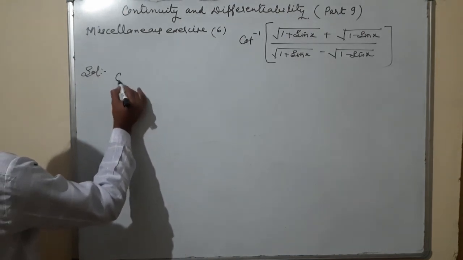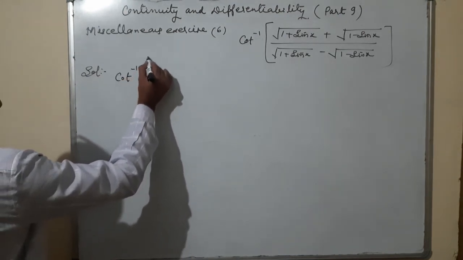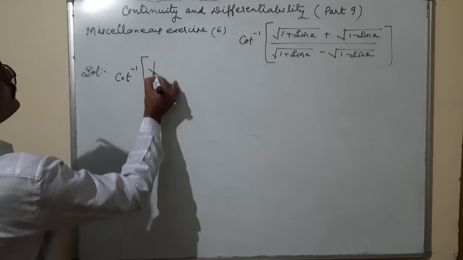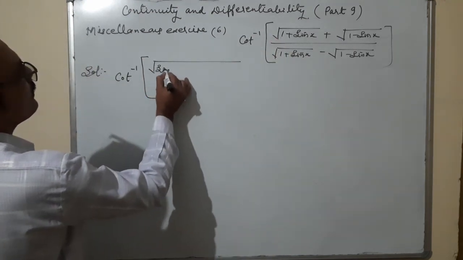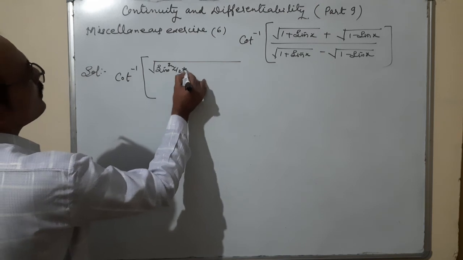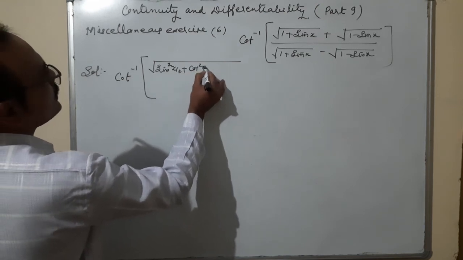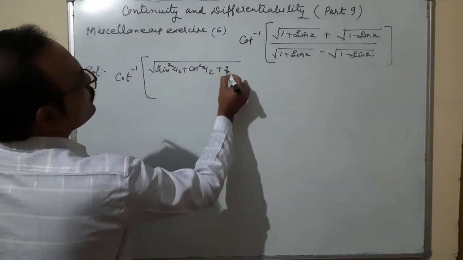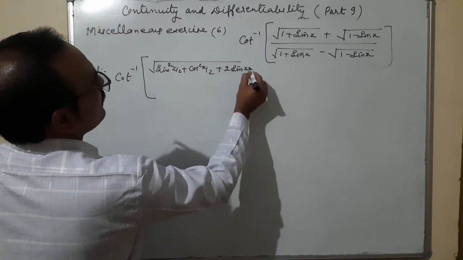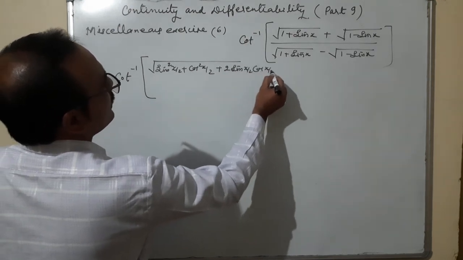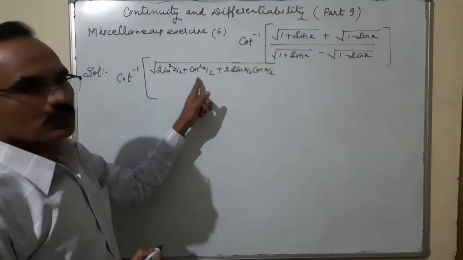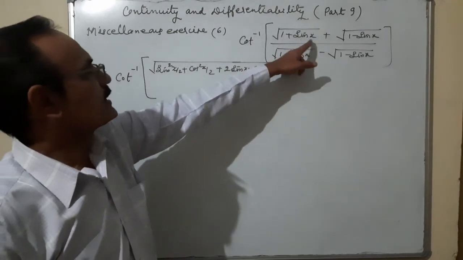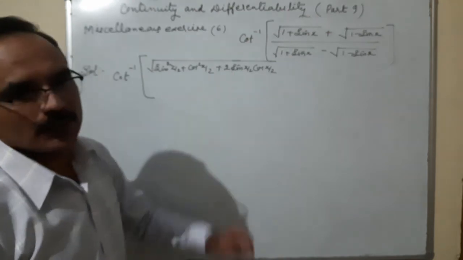So we'll start: cot inverse, under root, in place of 1 sin square x by 2 plus cos square x by 2 plus 2 sin x by 2 into cos x by 2.